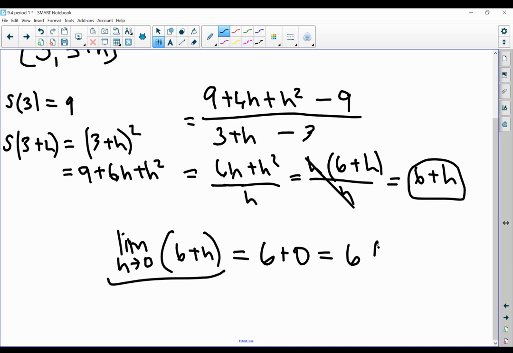So now I can say without a shadow of a doubt that the speed at 3 is 6, because the speed between 3 and 3 plus h is 6 plus h. And when I limit that h to become 0, then my speed becomes 6. So that, in essence, is the idea of our limit.